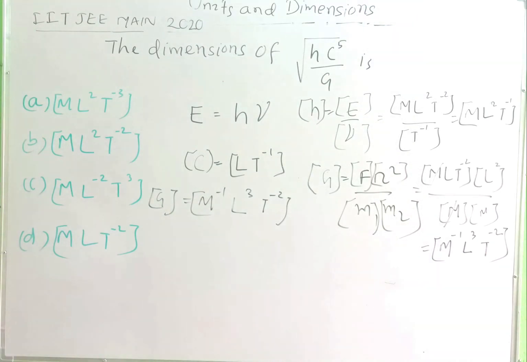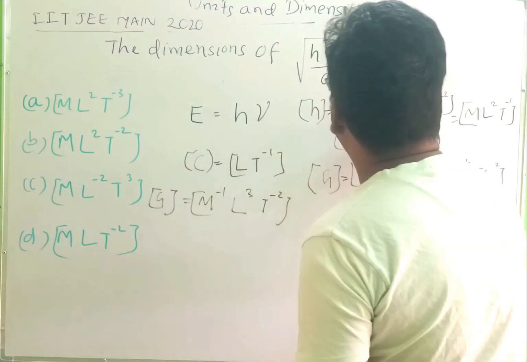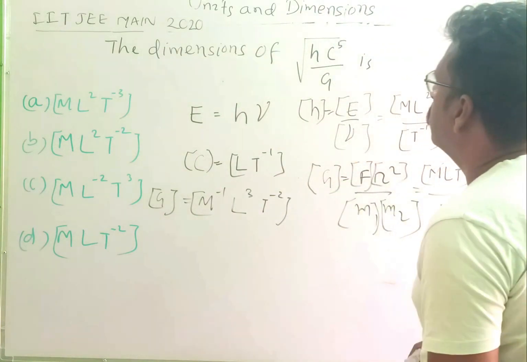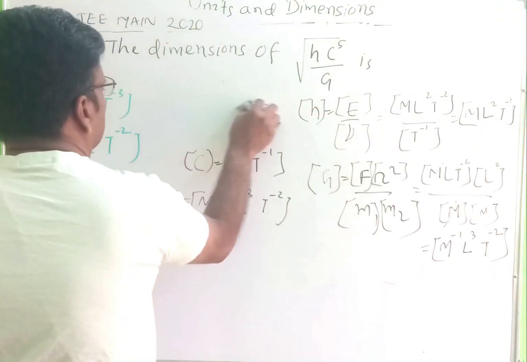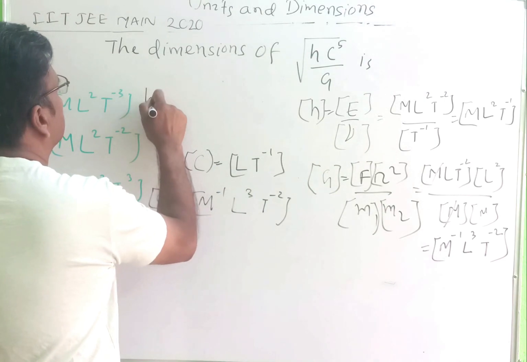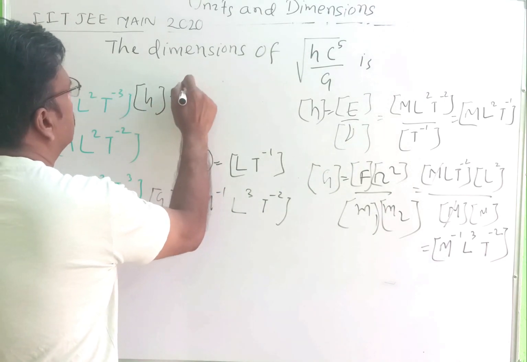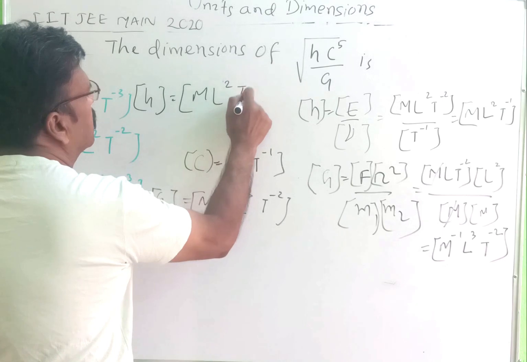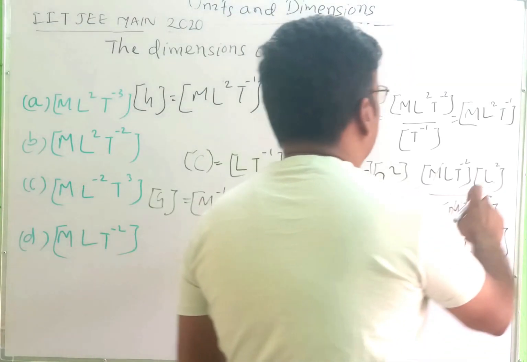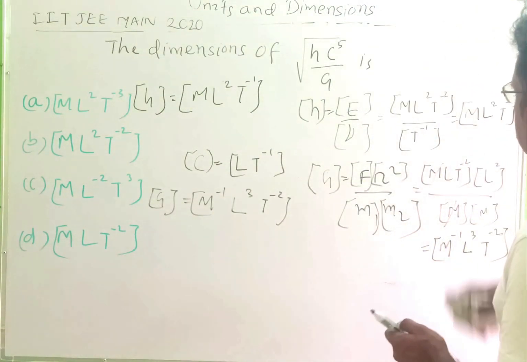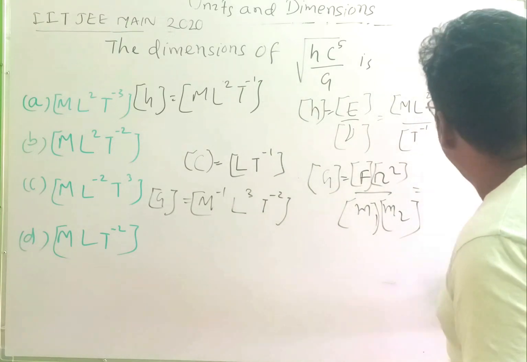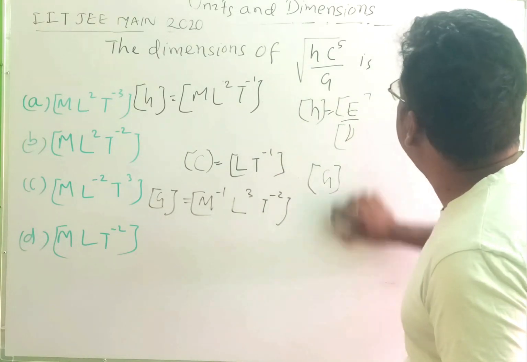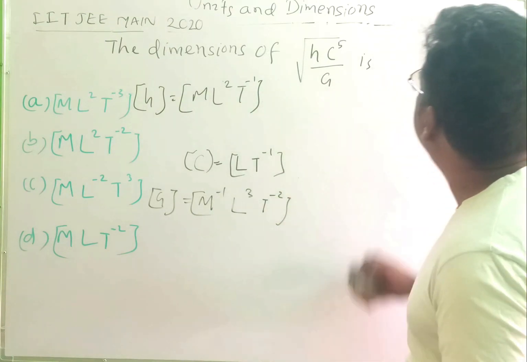Then we will put, students, these values here in h c to the power 5. Okay, students, we write it here. The dimensions of h. What is the dimensions of h? The Planck's constant, that is ML^2 T^-1, what we obtained here previously. And we also obtained the dimensional formula for c and capital G. We will put it here.